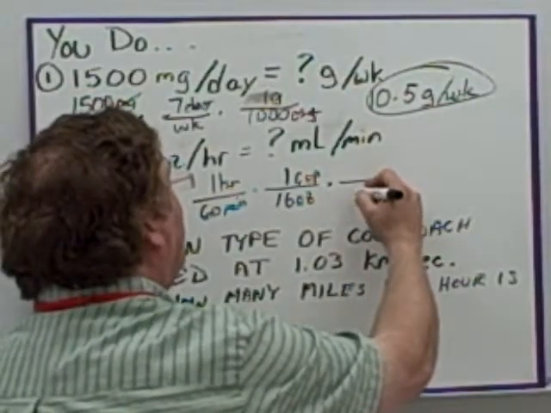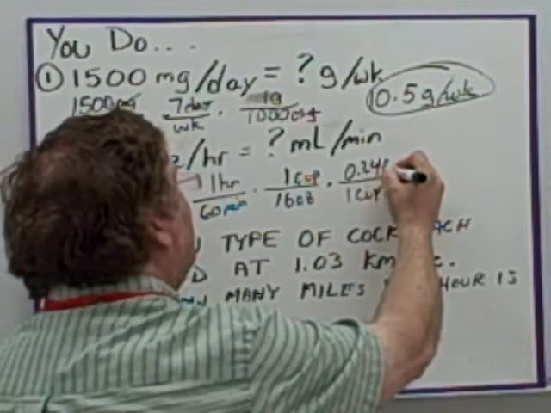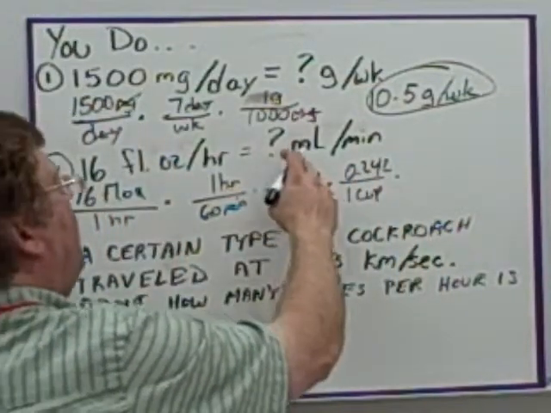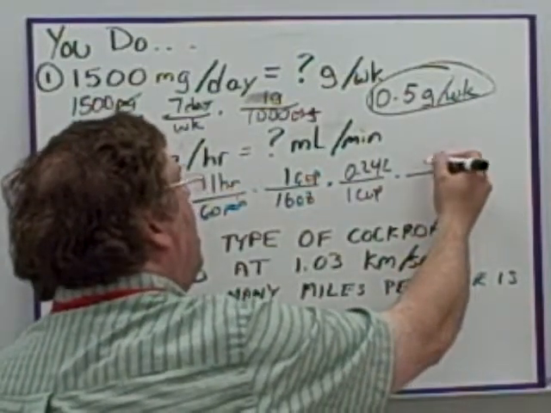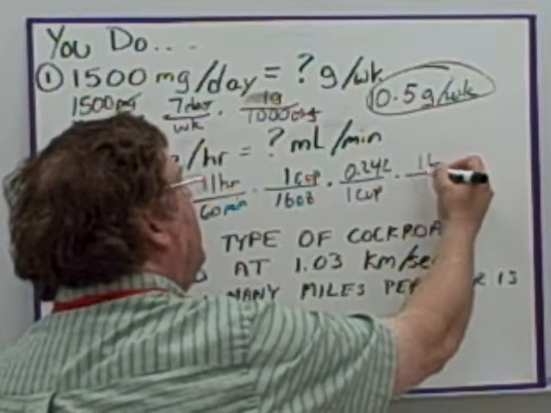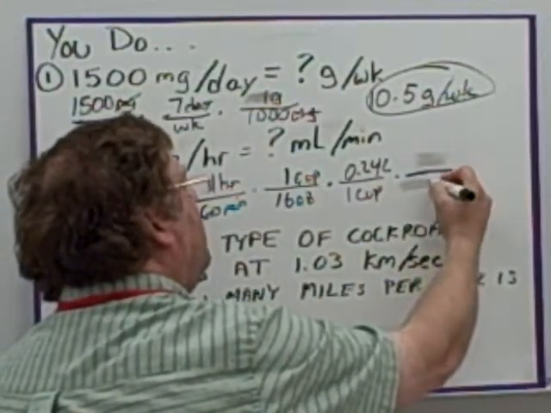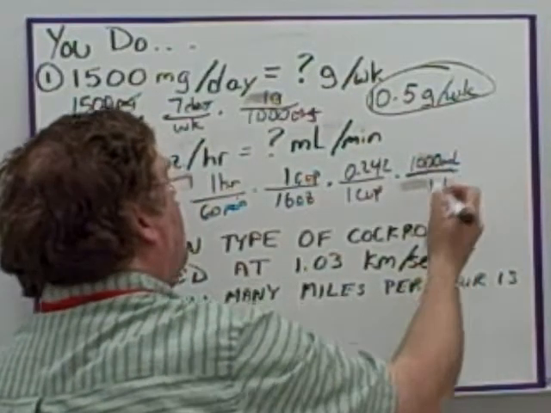We want the cup on the bottom. 1 cup is 0.24 liters. We want to change liters to milliliters because we're going to milliliters here, which means we're going to be multiplying by 1 liter is, well, we want to actually put the liter on the bottom, right? Because we want liters to cancel. 1 liter is 1,000 milliliters.